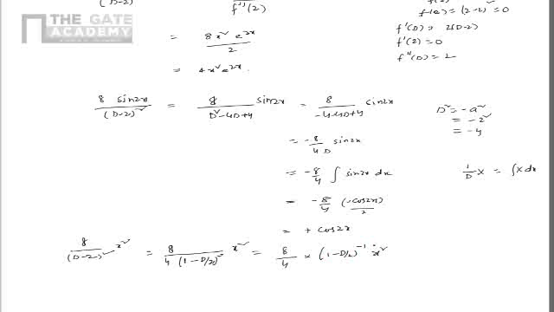Okay, now I need to expand the series (1 minus D by 2) whole power minus 2. So this is basically in a binomial sense I need to expand. Let me call 8 by 4 as 2; 8 by 4 is 2 in fact. Now (1 minus D by 2) whole power minus 2, let me expand this. So this comes out to be 1 plus 2D by 2 plus, and so on.